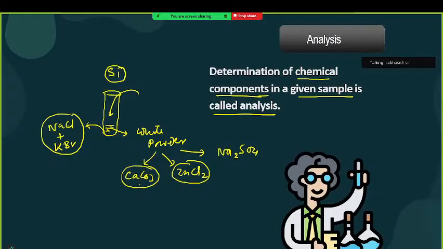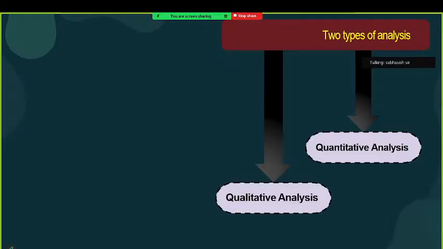Generally there are two types of analysis. First, as we have already discussed, is qualitative analysis. Qualitative analysis means when you are given a sample containing some components like X, Y, Z, those components should be identified through different analytical techniques.